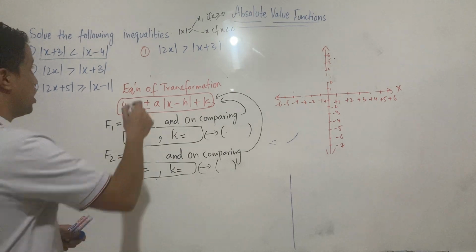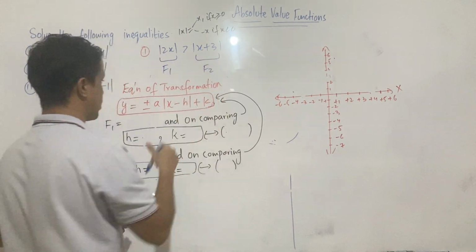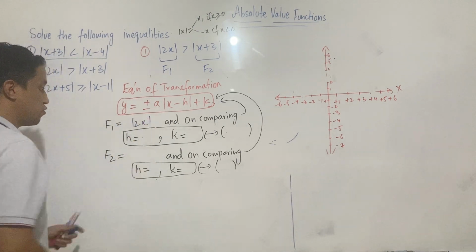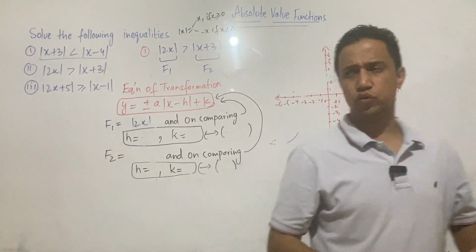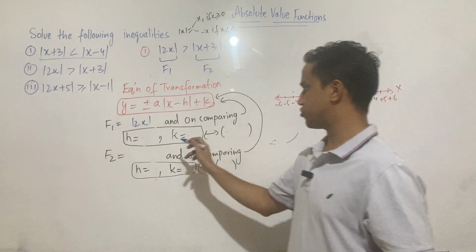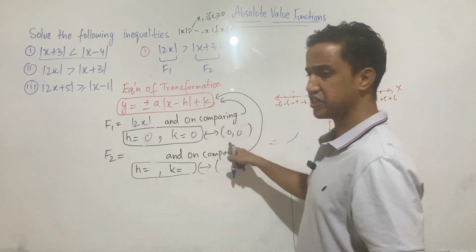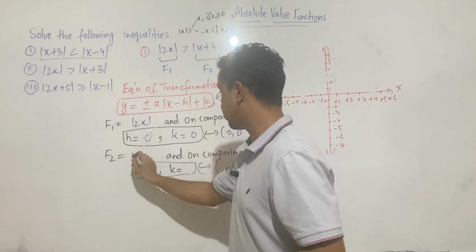Here we can say this is our f1 and this is our f2, right? So f1 is the absolute value function 2x. Here we don't have an x-intercept, so x-intercept 0, y-intercept 0. It means our vertex is going to be formed at the origin. F2 is x plus 3.